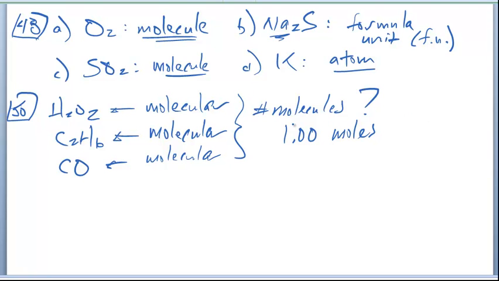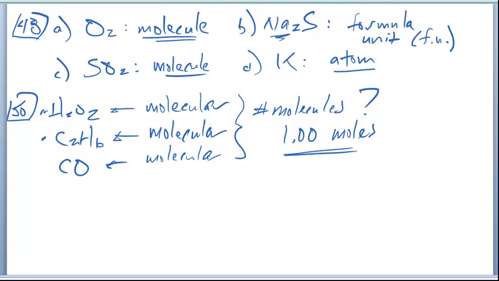The answer is really pretty simple if you really understand the concept of the mole and a molecule. So let's take these one at a time. If you have 1.00 moles of hydrogen peroxide, then you have 6.02 times 10 to the 23rd hydrogen peroxide molecules.